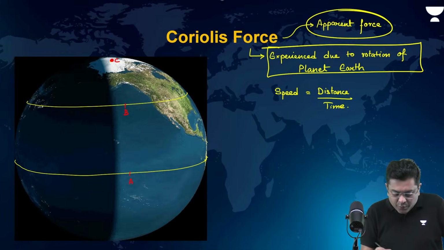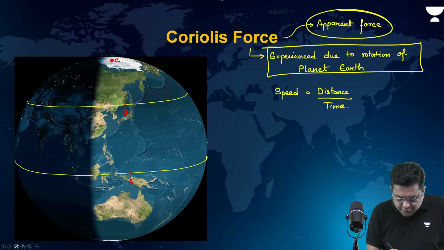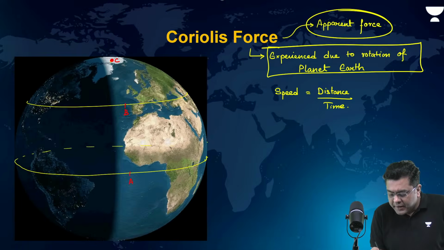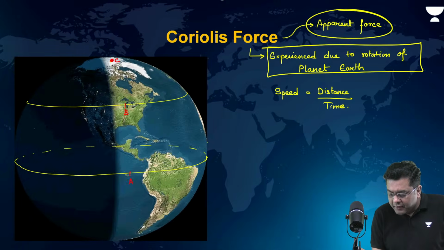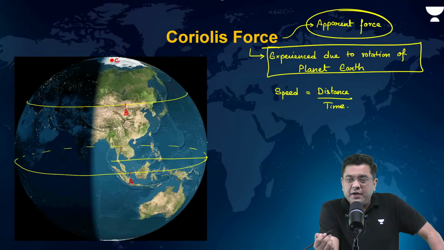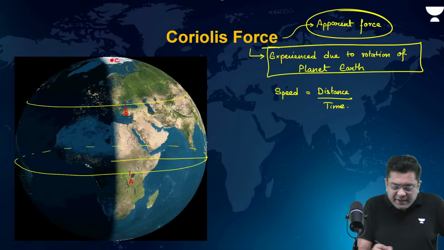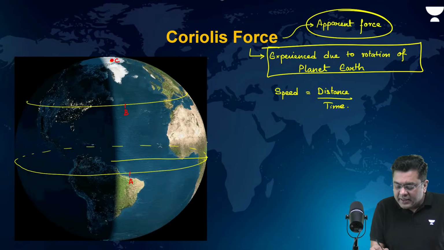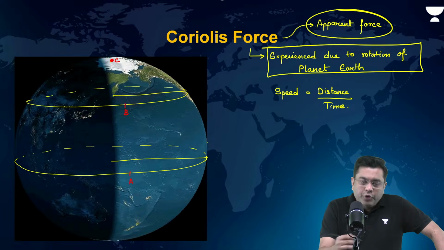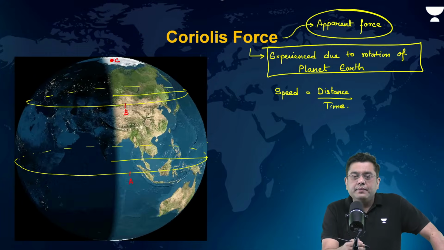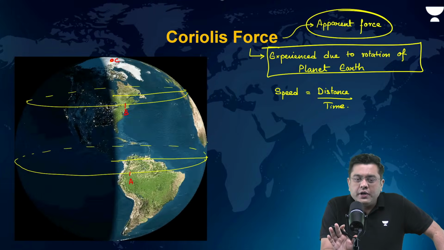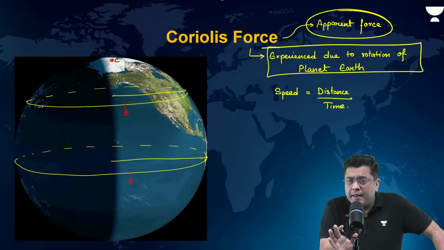First of all, what will be the distance covered by A? Distance covered by A will be the circumference of the region of equator. That will be the distance covered by A in one rotation. What will be the distance covered by B? In this entire rotation, the circumference of this circle. What will be the distance covered by C? C is lying there itself. Regardless of the rotation, C is not changing at all, isn't it?